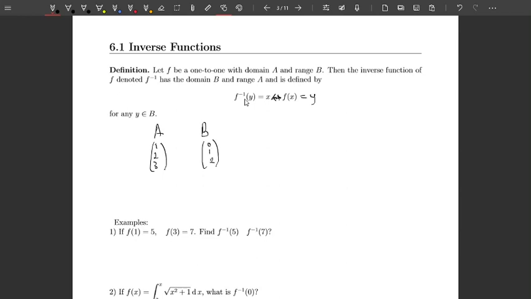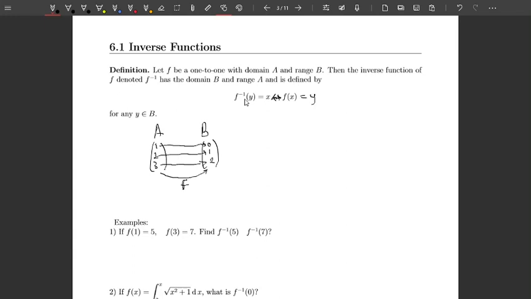Since this function is one-to-one, each element in the domain maps to only one element in the range. Here, the rule that assigns to each element in A another element in B is called f.